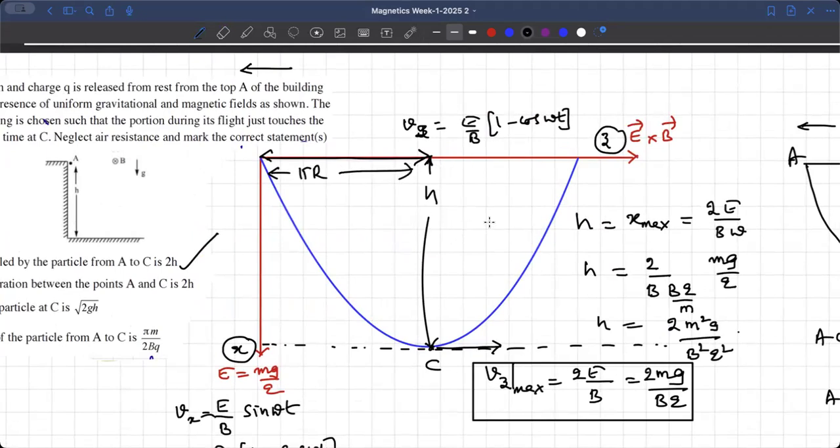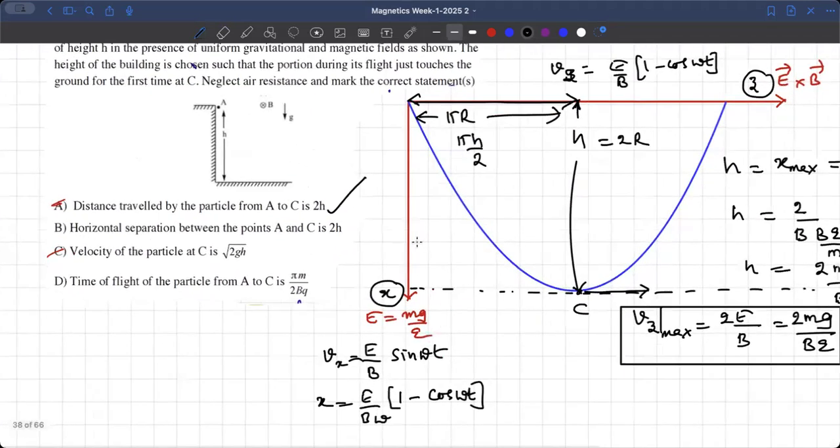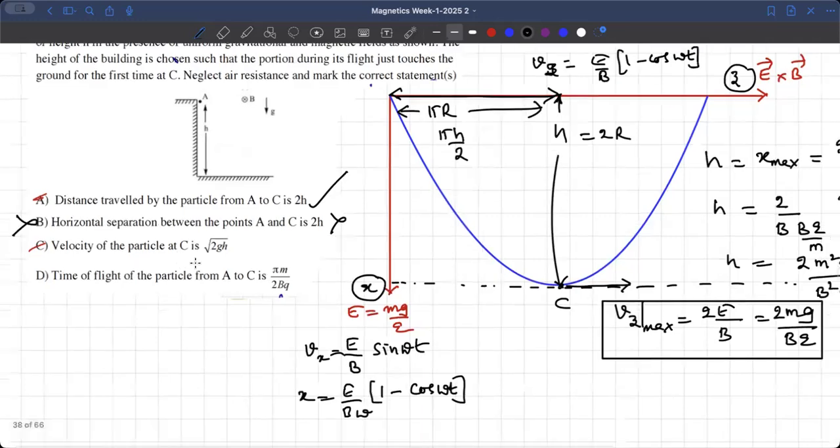Just now you have concluded h is nothing but 2r. So therefore, in the place of this, you should write pi into h by 2. So since the horizontal separation between A and C is given as 2h, wrong. It should be pi h by 2. So B is wrong.